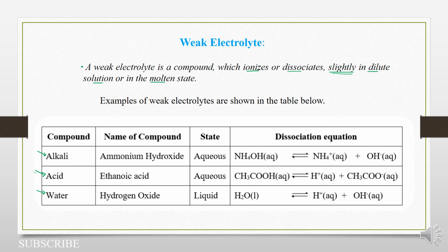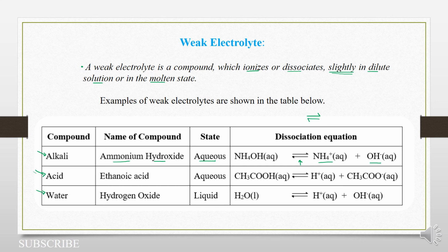When you look at this alkali, ammonium hydroxide, in aqueous form, that means there is some water, it will slightly dissociate. So how do we notice slight dissociation? We represent it by this two-way arrow, showing that there is a forward reaction and there is also a backward reaction.